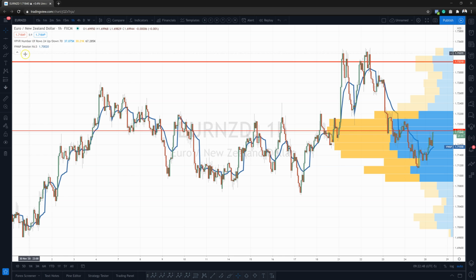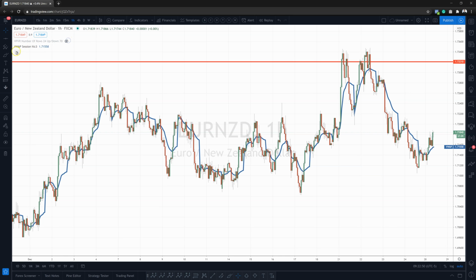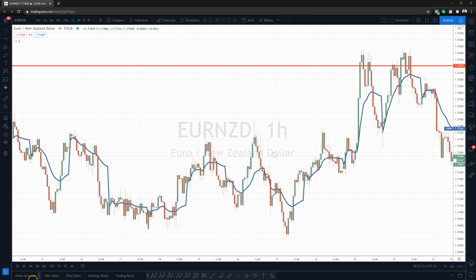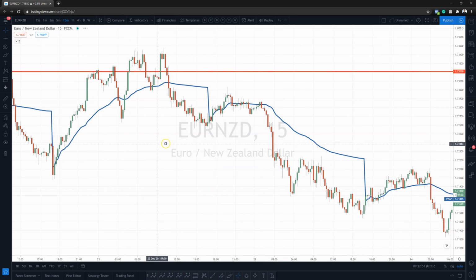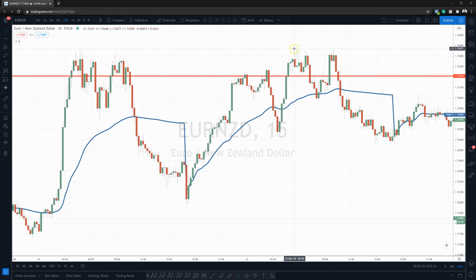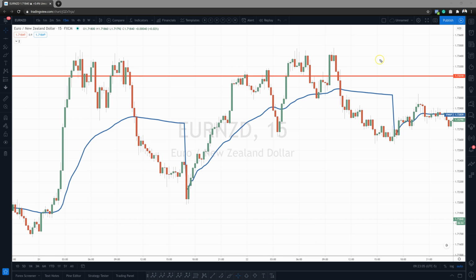But also, on that day, when I was looking for the trade, let's go to the 15-minute chart. Right there, I took my trade actually here, during this candle, 173.20.